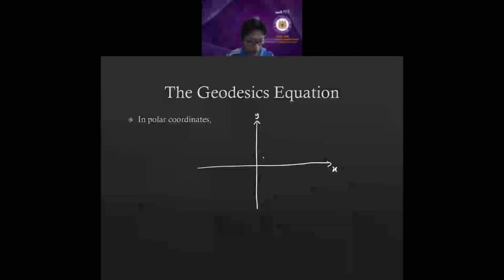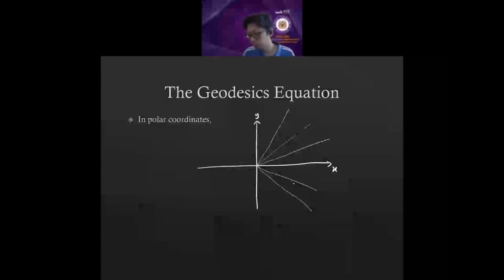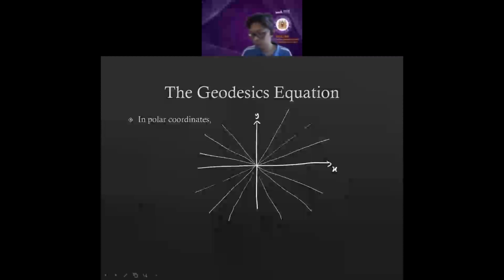This is the line of constant theta. These are lines of constant theta, and these are lines of constant r.